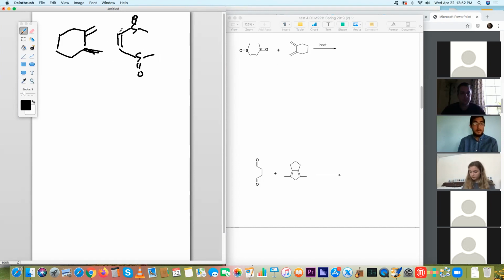What I meant by Pac-Man style is it's almost like these two double bonds are like jaws, and they're interacting with the double bond here on the dienophile, kind of almost like it's going to eat it up.